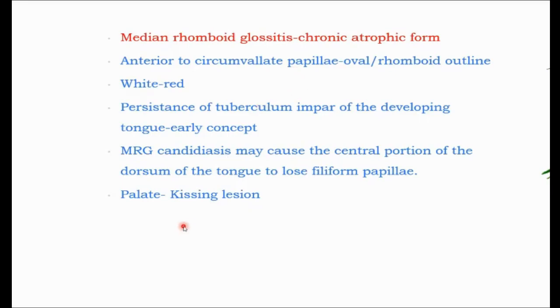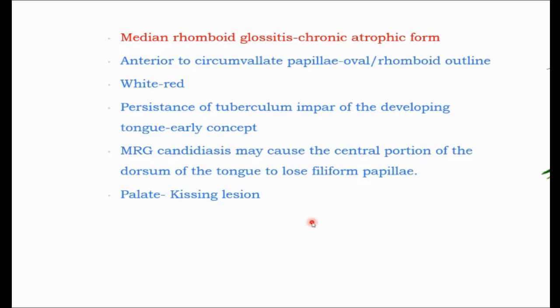And this median rhomboid glossitis or candidiasis may cause the central portion of the dorsum of the tongue to lose the filiform papillae. So that's why I said that the term erosion is used for the loss of the filiform papillae. And because it is a candidal infection, the fungal infection spreads very fast from one area to another.